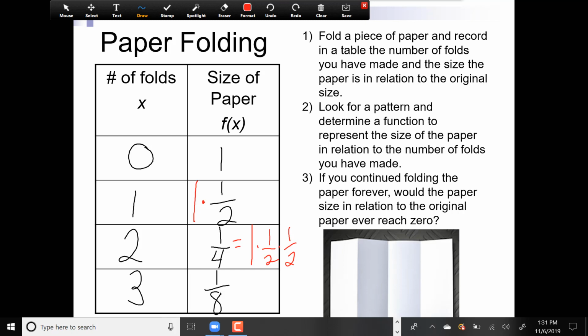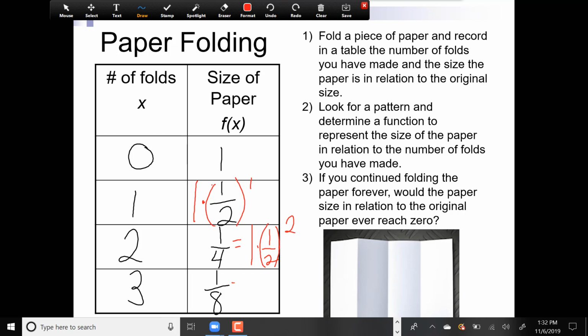Because we essentially took this half a piece of paper and cut it in half, which is multiplying it by another half. Now, I could write this just like on the alpaca problem in exponential notation. So I could have this as 1/2 to the second, and this as 1/2 to the first. You might see a familiar pattern showing.